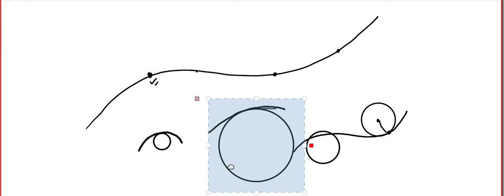So what I want you to notice is, when the curvature, meaning the bending, is less, then the circle becomes bigger and bigger and bigger. Look at this, here the curvature is very high, at the same time here the curvature is very low.